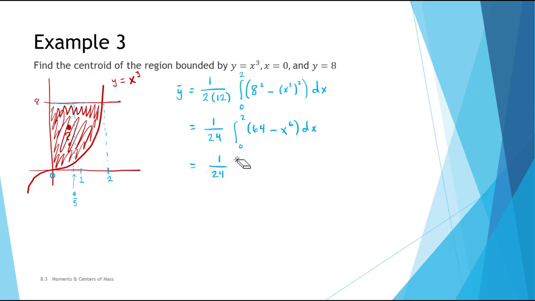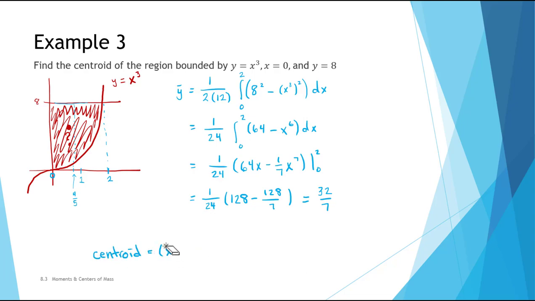Our antiderivative is 64x minus 1/7 x to the 7th, evaluated at 0 and 2. So 1 over 24 times 128 minus 128 over 7, and that boils down to 32/7. So our centroid is x bar comma y bar, which is 4/5 comma 32/7.